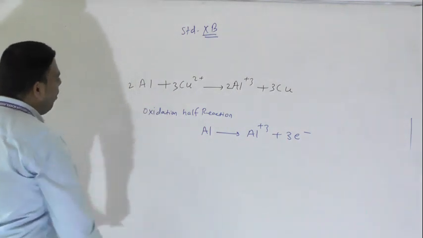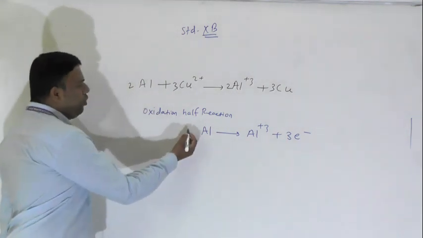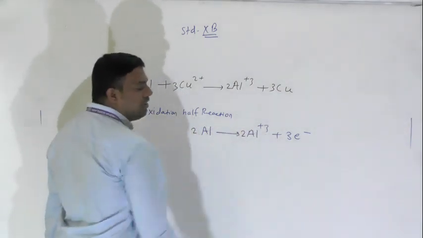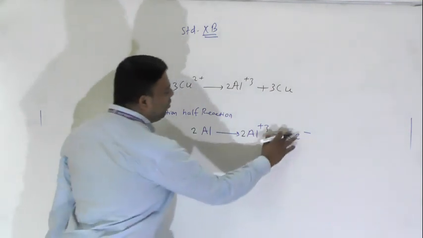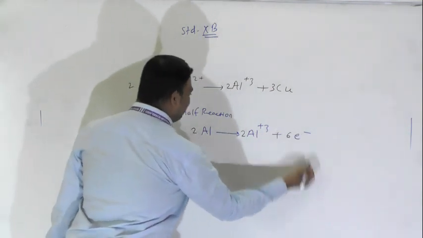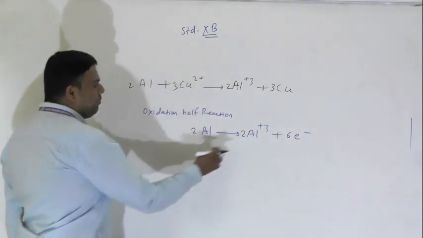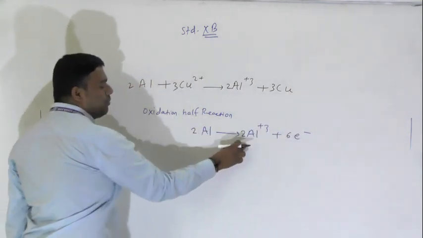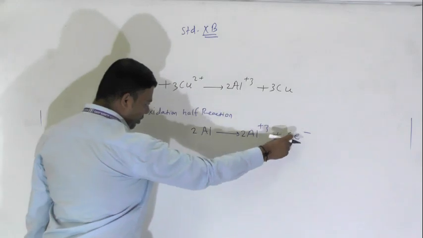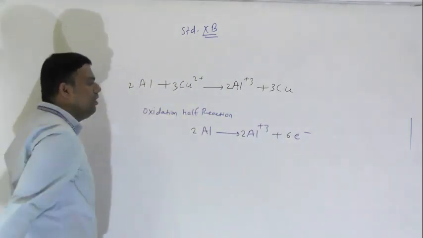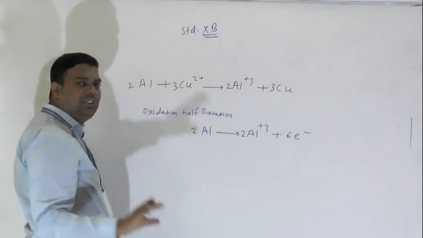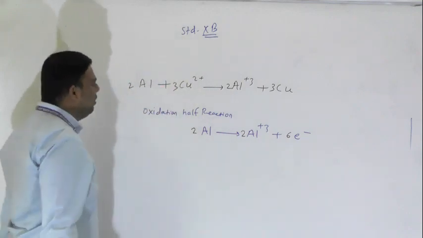They gave stoichiometric coefficient 2, so here also 2. Now your electrons become how much? 6, because 2 times 3 is 6. So this 6 electrons, this also 6 positive, 6 negative and 6 positive, 0. Here also 0. Means whatever your atoms and charges, they are balanced here.